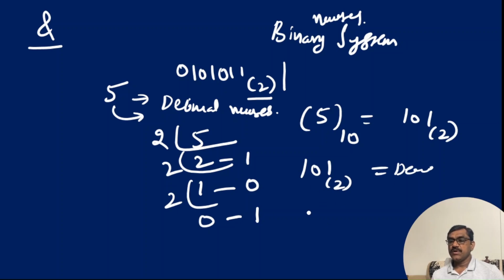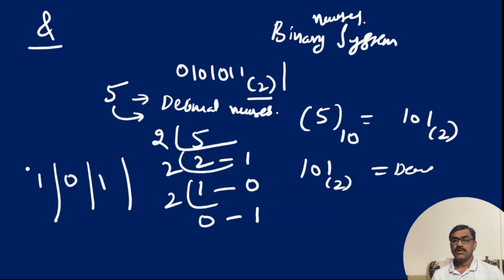Now take 101. Here I'm taking on the left side the number in binary, 101. After taking these bits, you start from right to left. You write 2 to the power of 0, 2 to the power of 1, 2 to the power of 2.